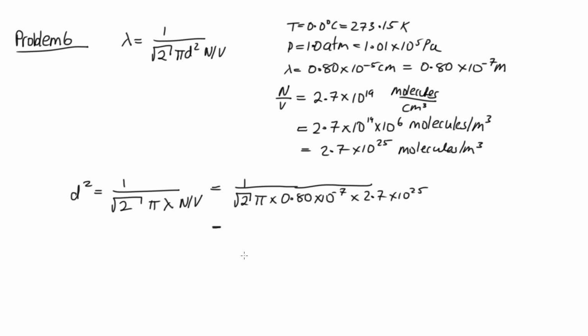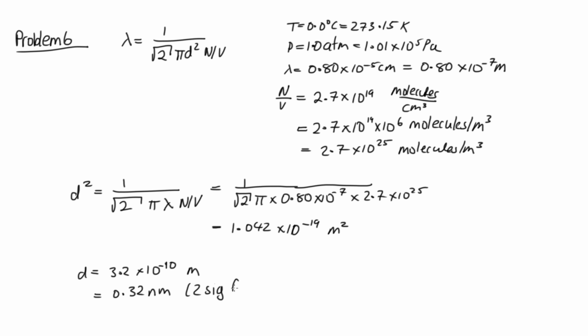So solving this, we end up with 1.042 times 10 to the minus 19, and this is meters squared. So then to find the diameter, we take the square root of this, and we end up with 3.2 times 10 to the minus 10 meters, or we could write this as 0.32 nanometers if we wanted, and we've given that to two significant figures.